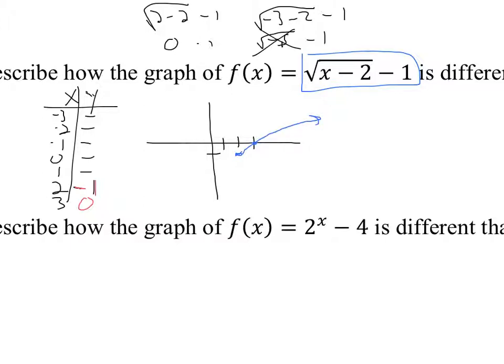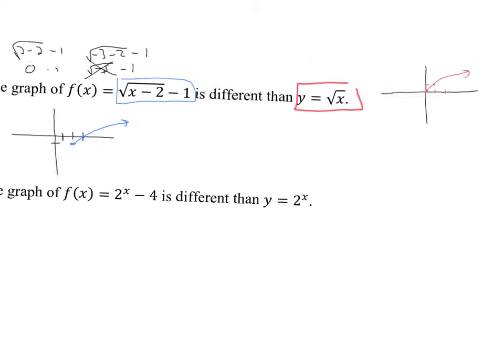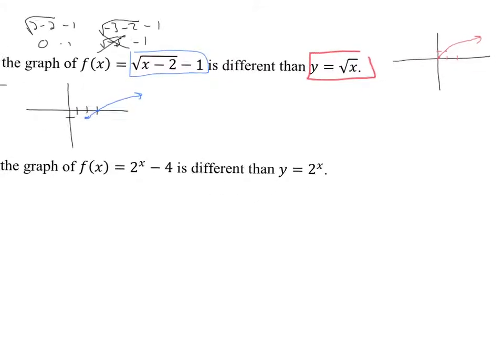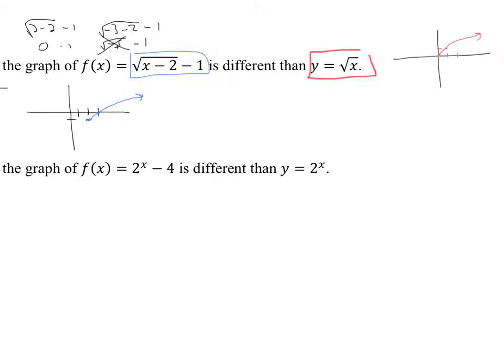Now if you compare the two, what happened? Well, the red one is the original. So when you compare it to this one, what happened? Well, I like to focus on the origin, or the beginning of the graph typically, or the origin if it goes through it.